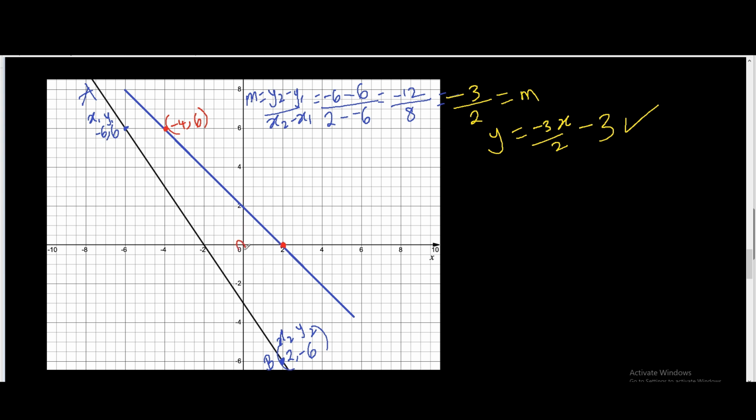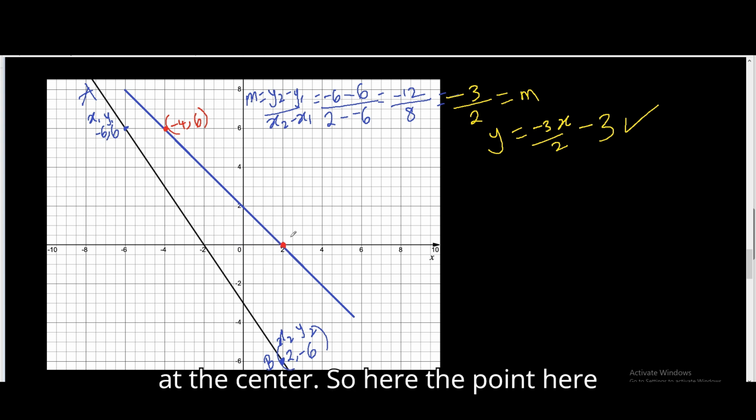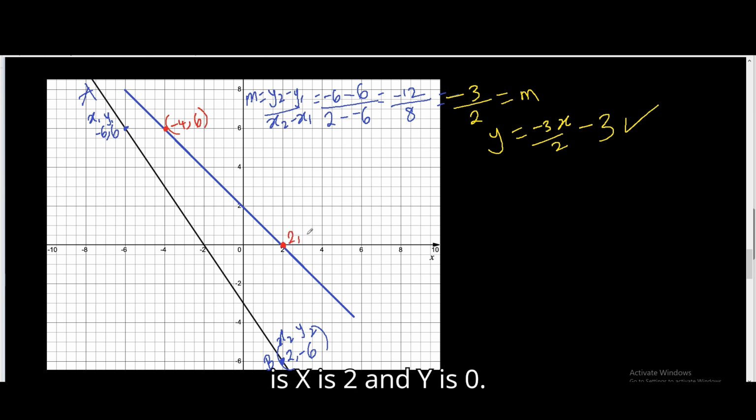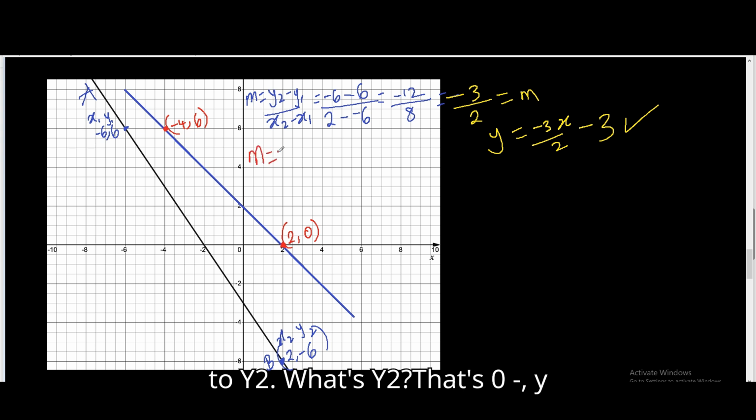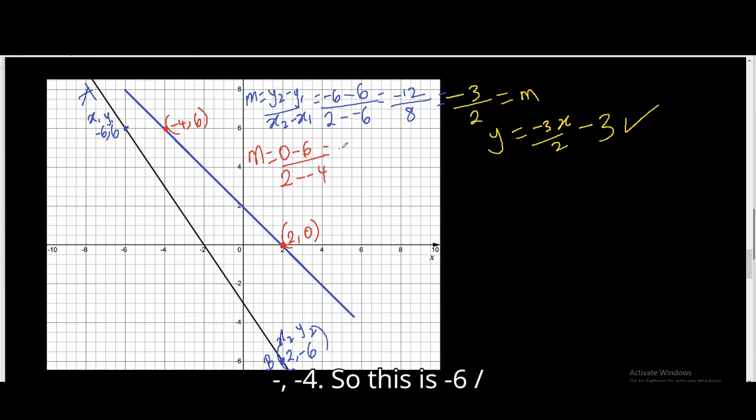So here, the point is x is 2 and y is 0. So to find the gradient again, gradient equals y2. What's y2? That's 0 minus y1, which is 6, all over x2, which is 2 minus minus 4. So this is negative 6 over 2 plus 4, which is 6. So this is going to be minus 1.